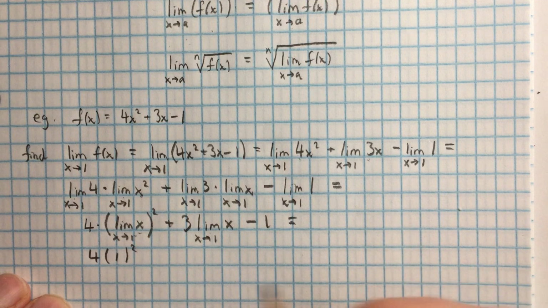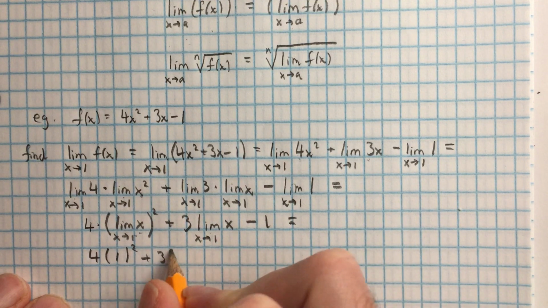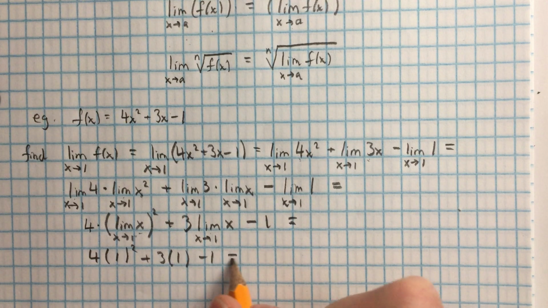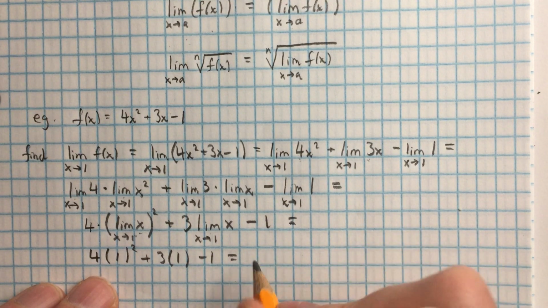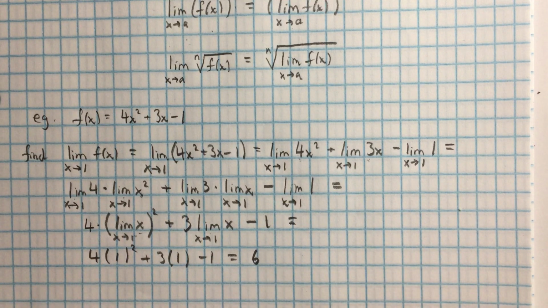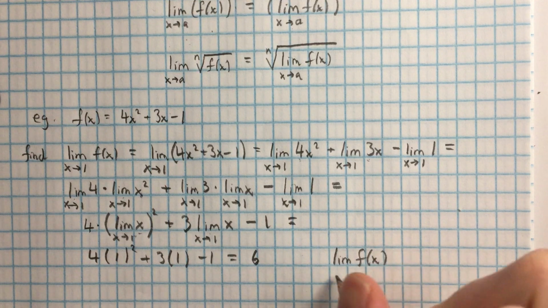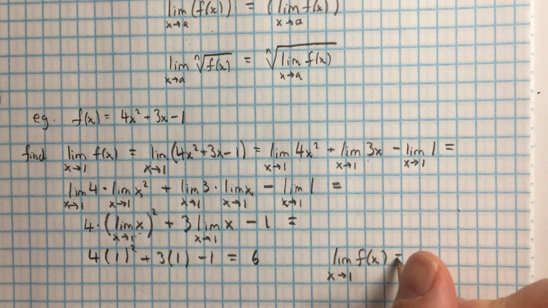It says right there underneath it. Plus 3 times 1 minus 1 equals, well, I guess that's 6. So there's our answer. The limit of this function as x approaches 1 is 6.